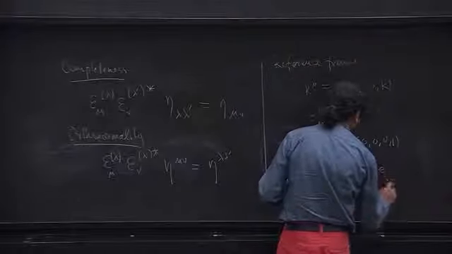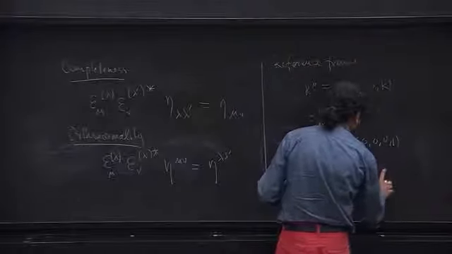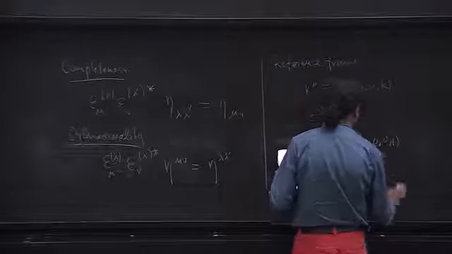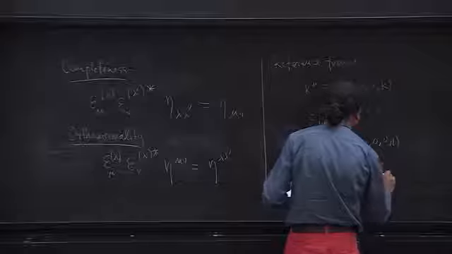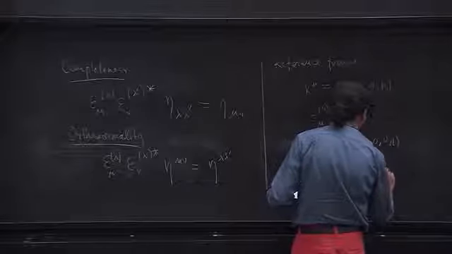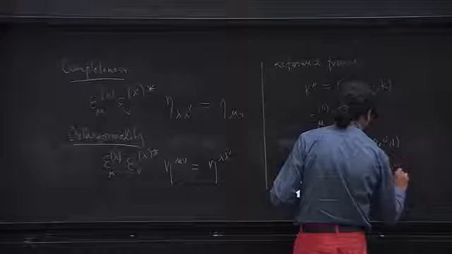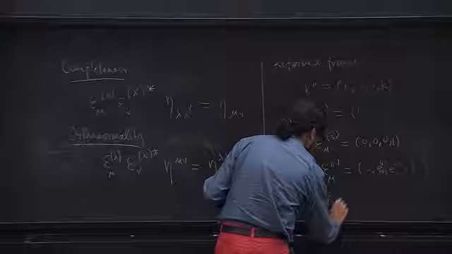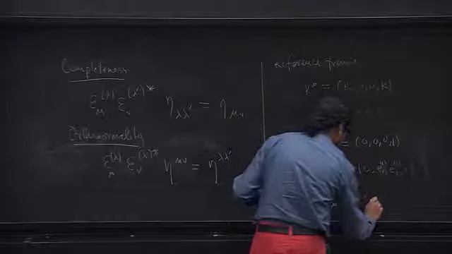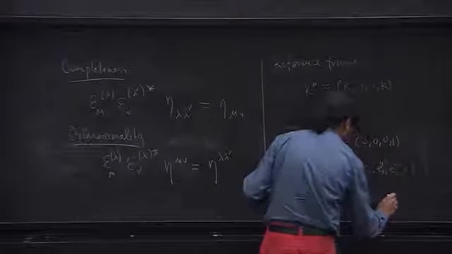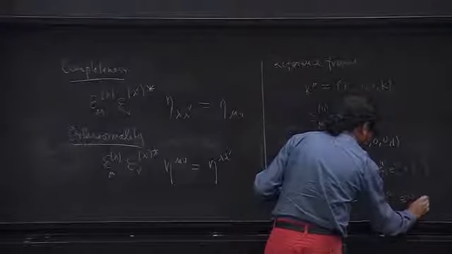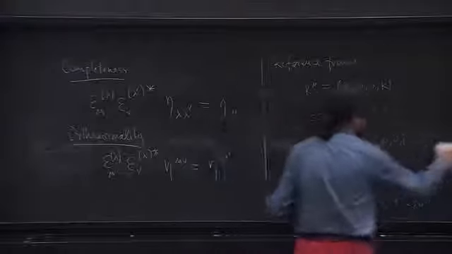So the physical component can be, say, E1, this is 1, and this is E2, this is 2. So let's make these choices.